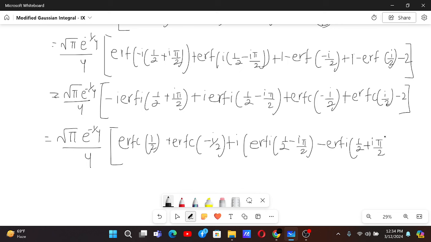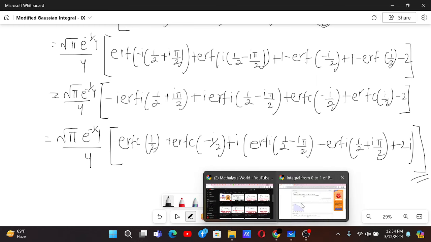Let me also take 2 in this same bracket, so there will be 2i plus 2i, because I of I is minus 1, that's one. And then this bracket closes, this one also now the big bracket. So this is now the different integral in terms of RC and R phi, and now let's check the answer.